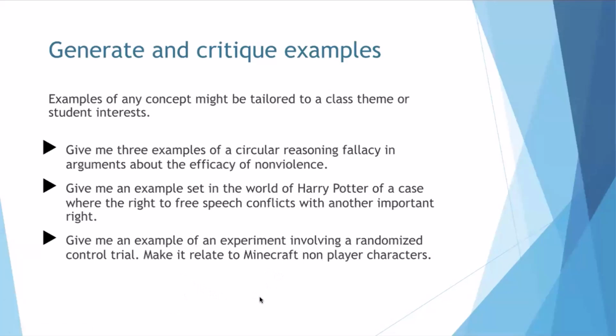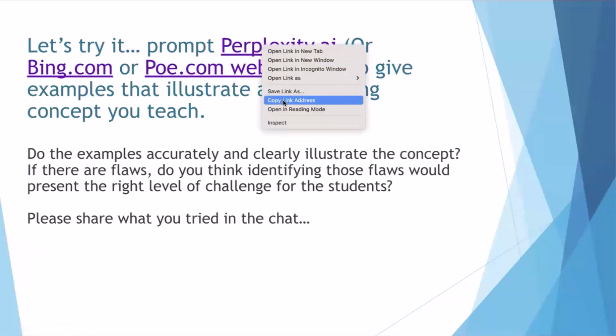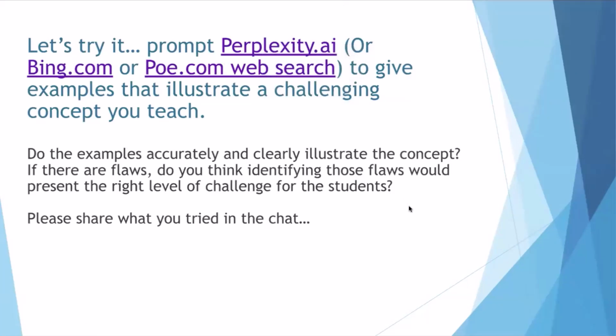So I thought it would be neat to try that very briefly. If you haven't tried Perplexity AI, I'm going to put it in the chat. And you can just go there and very quickly put in a concept that you teach.